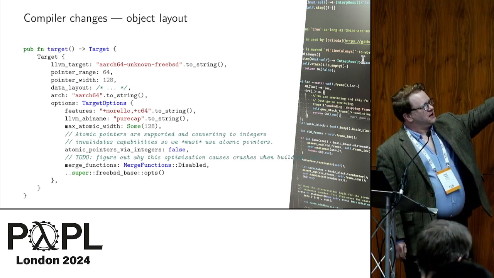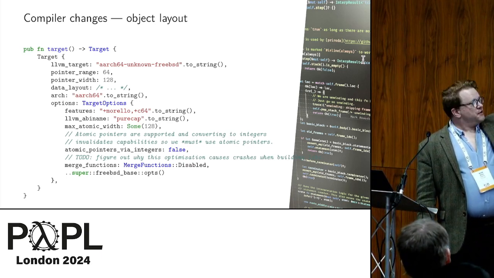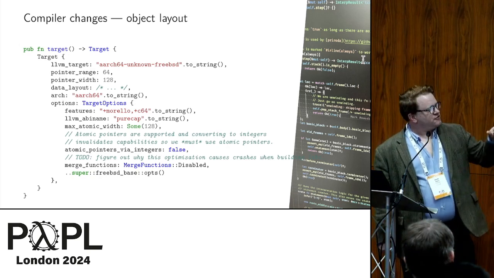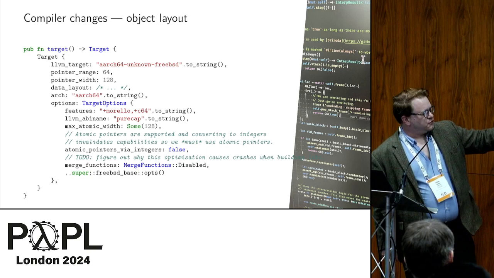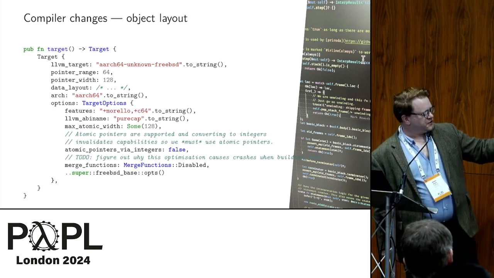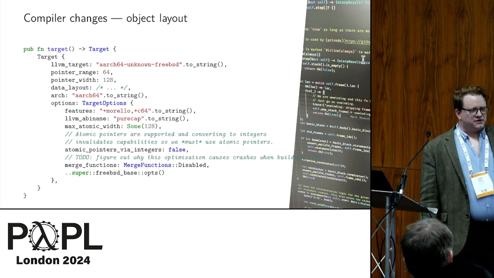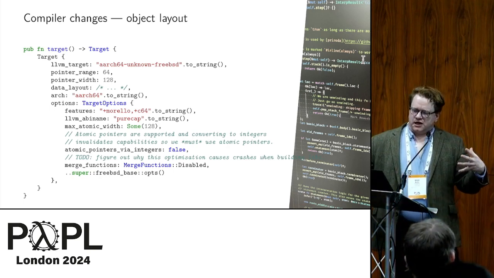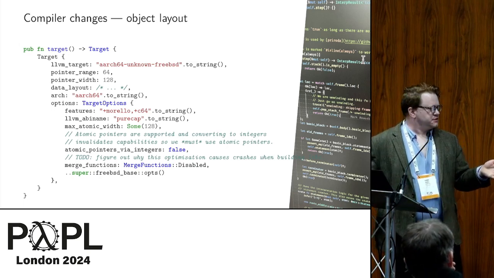So we've got a little bit of detail on the object layout in the compiler here. Things to note, there's a new pointer width here, which is splitting apart the addressing and storage size of that pointer. We had to twiddle a couple of knobs here. So atomic pointers via integers we turned off, which is like a little extra guardrail on how provenance is permitted in your Rust code.